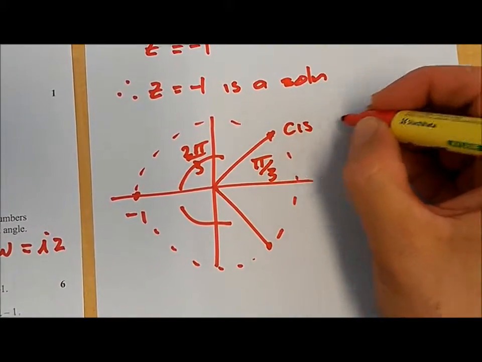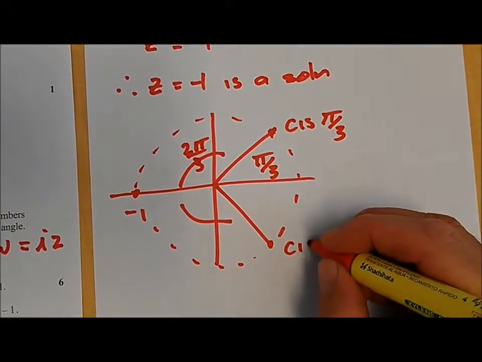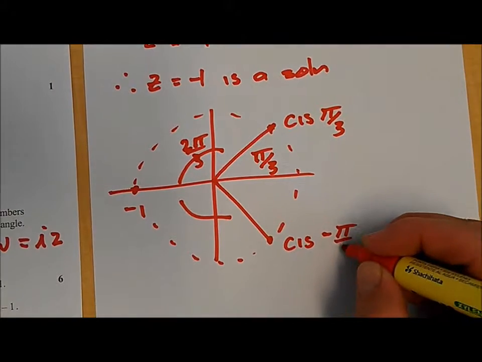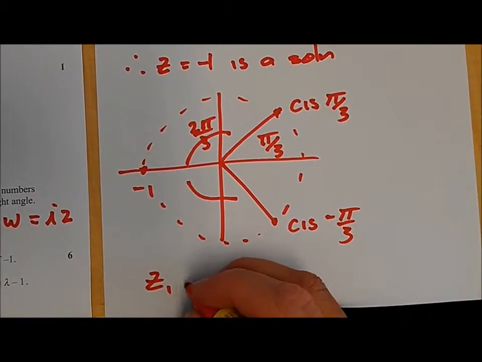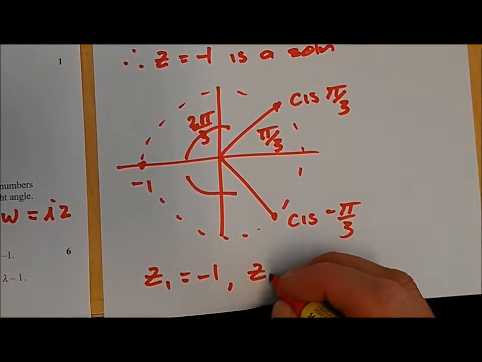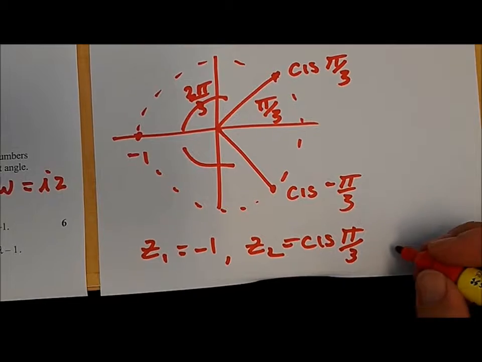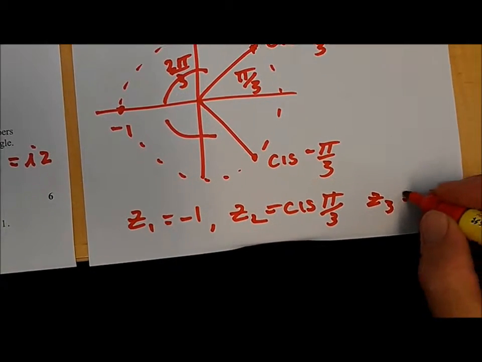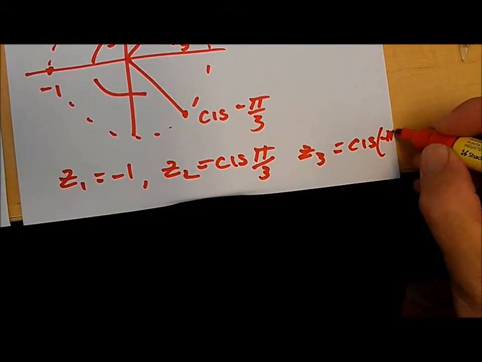So I have cos pi on 3 as one solution. Similarly down here, I'll have cos -pi on 3. So my roots: z1 is equal to -1, z2 is equal to cos pi on 3, and z3 equals cos -pi on 3.